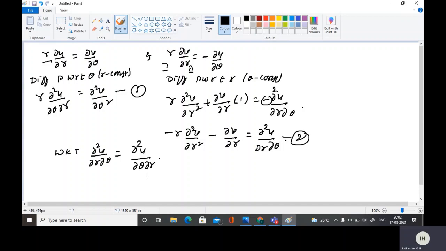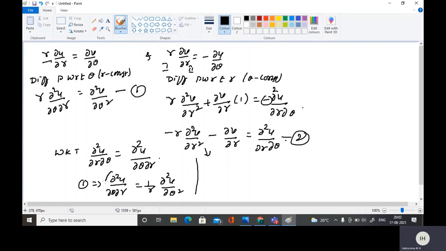By comparing 1 and 2, see, if you take equation 1, it becomes ∂²U/∂θ∂R is equal to 1 by R into ∂²V/∂θ², and this can be written as this equation. Okay, as it is, no problem.